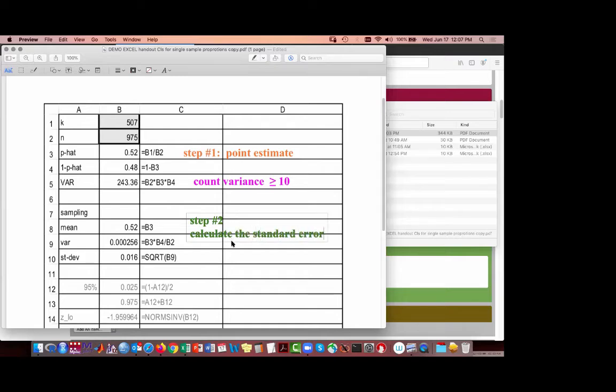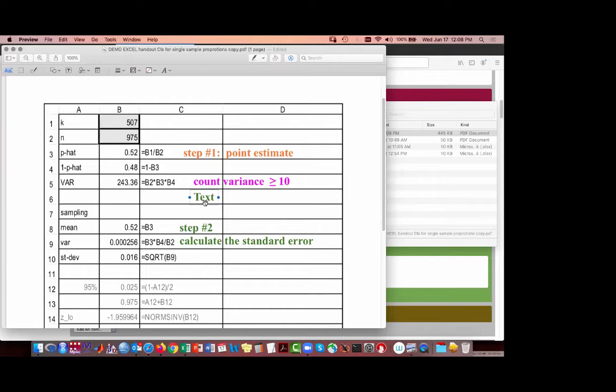Now, technically what I did in this process, I broke into 2 parts, where I first calculated what's under the square root and then I took the square root of it. What's listed here is the standard deviation. This really is the standard error. It's the standard deviation of the sampling distribution, which is the standard error.